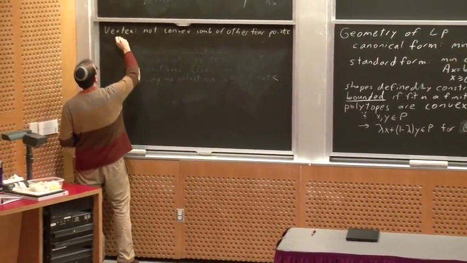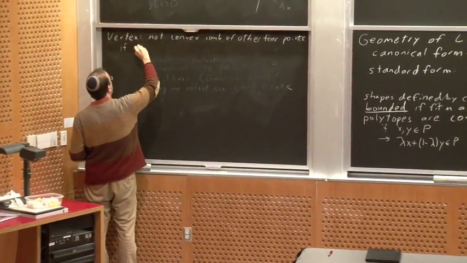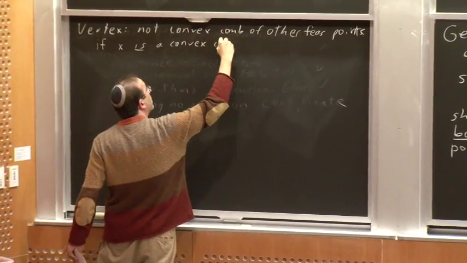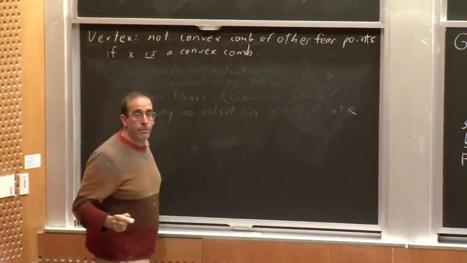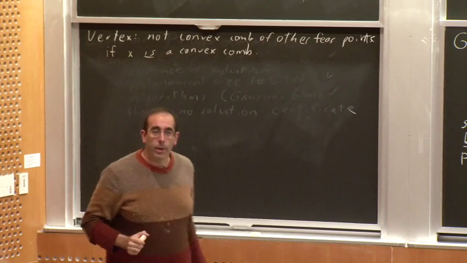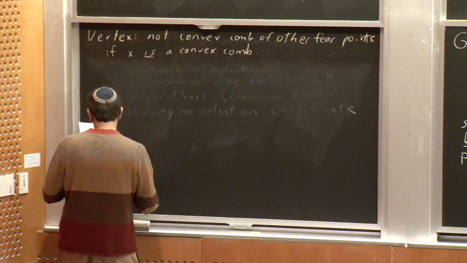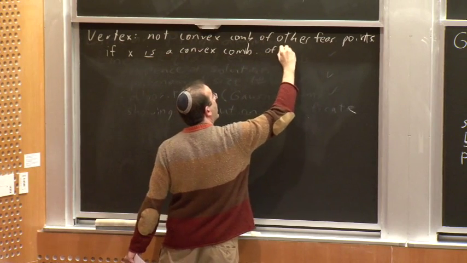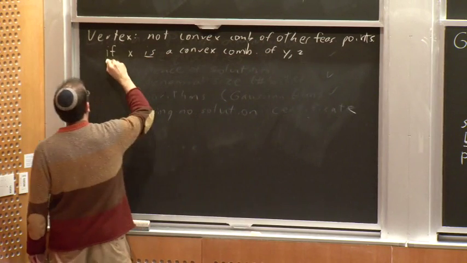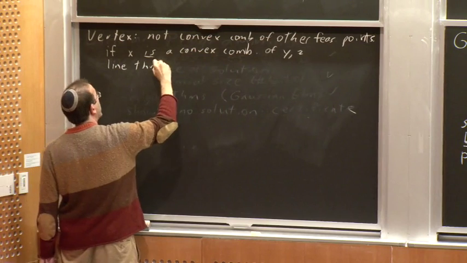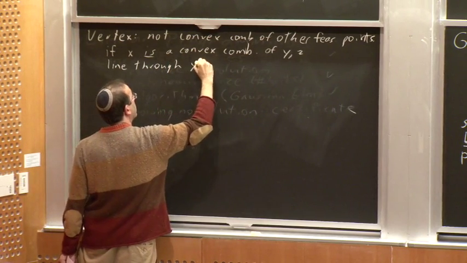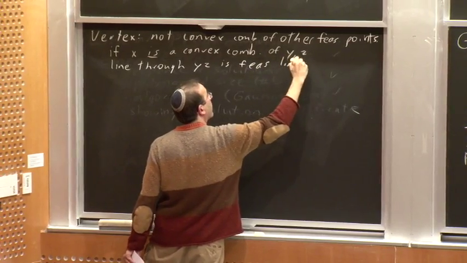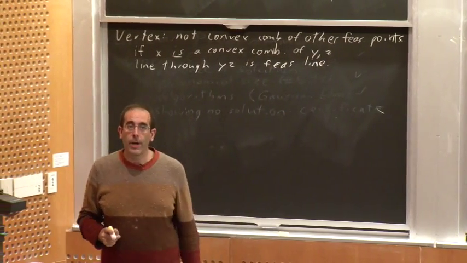So if I have a point which is a convex combination of feasible points, let's say it's a convex combination of y and z. Well, then the line through y and z is a feasible line, right?